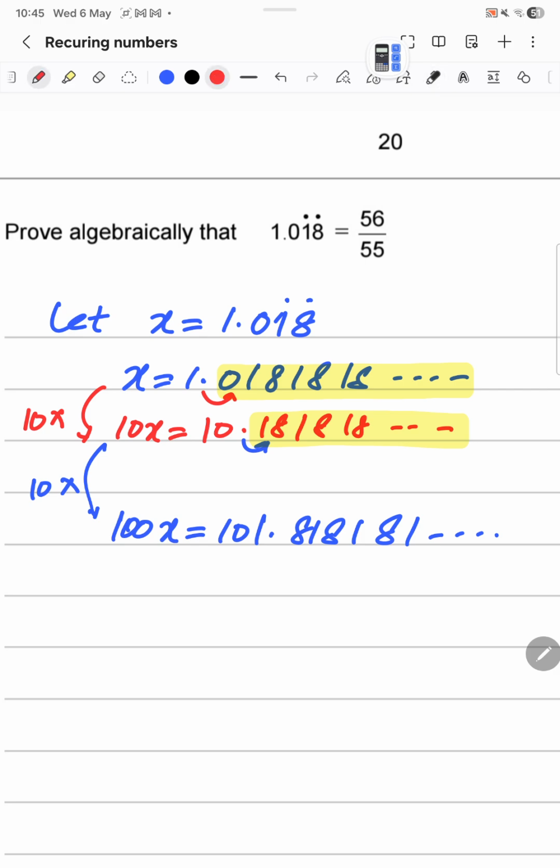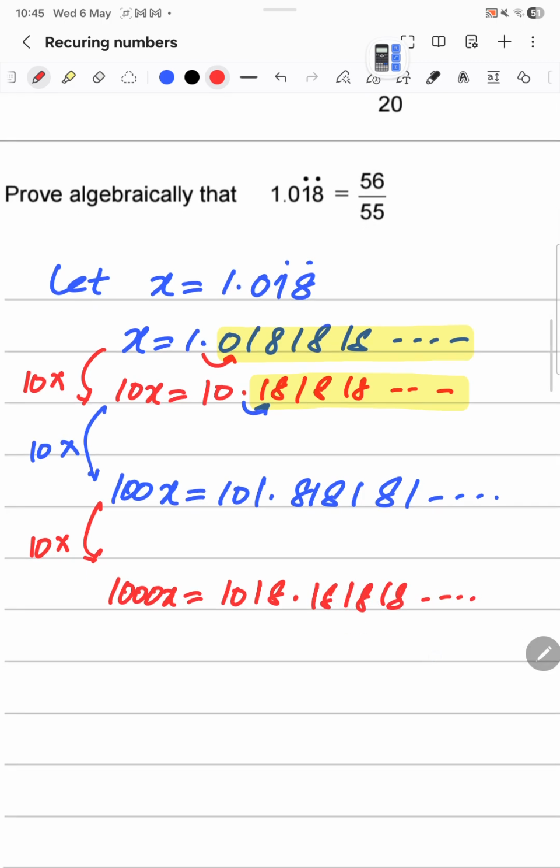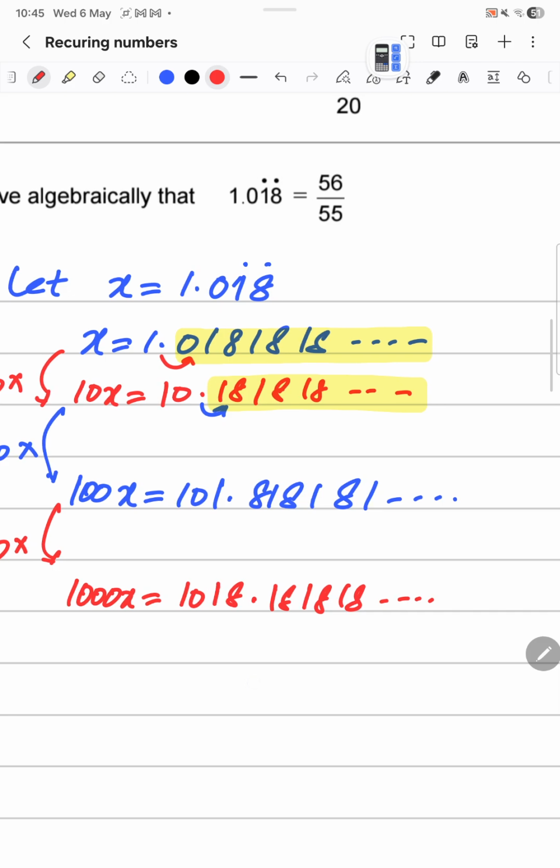So let's times this equation by 10 again. It will become 1000x equals 1018.1818 and so on. Now compare equation number 1 and equation number 2.